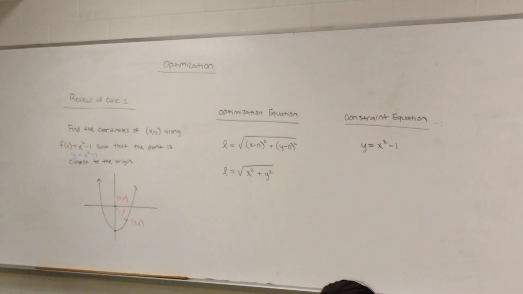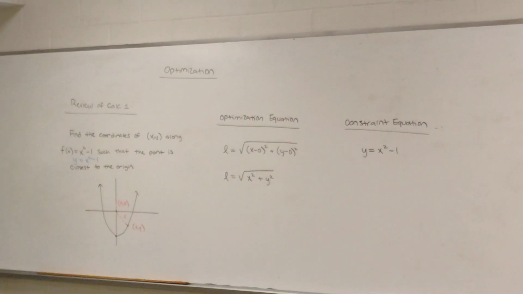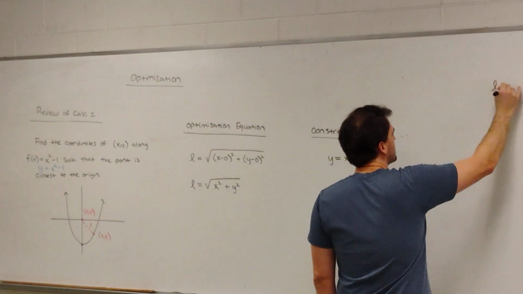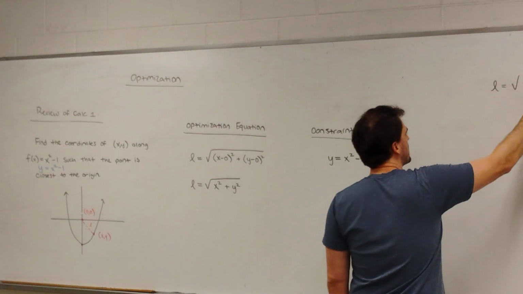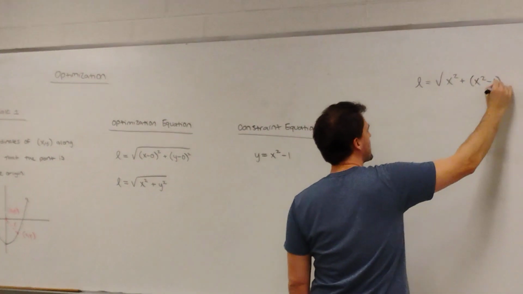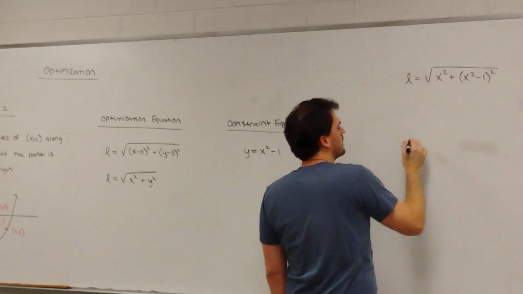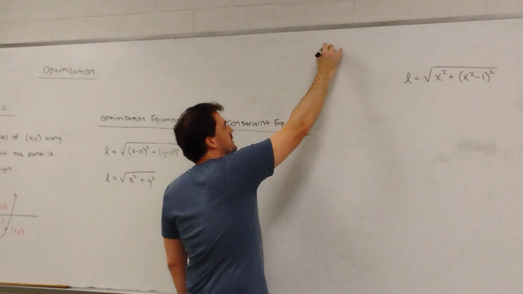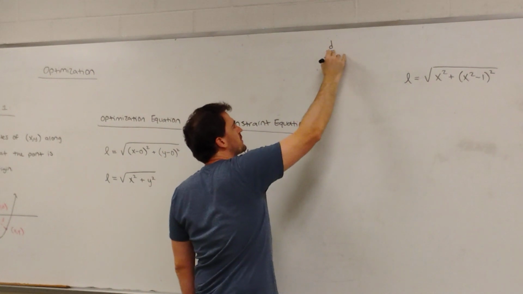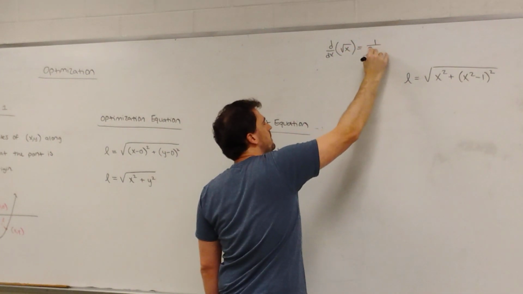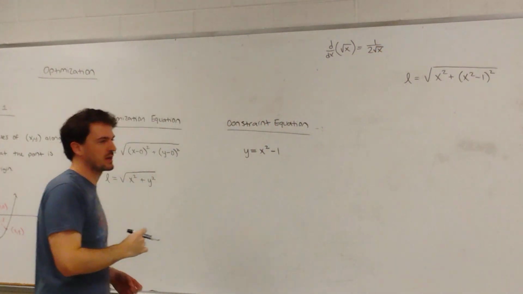Now drop that constraint equation into your optimization equation. So I've got the square root of x squared plus y squared, where y is x squared minus 1. Reminding ourselves from Calc 1, the derivative of square root of something is 1 over 2 root x.